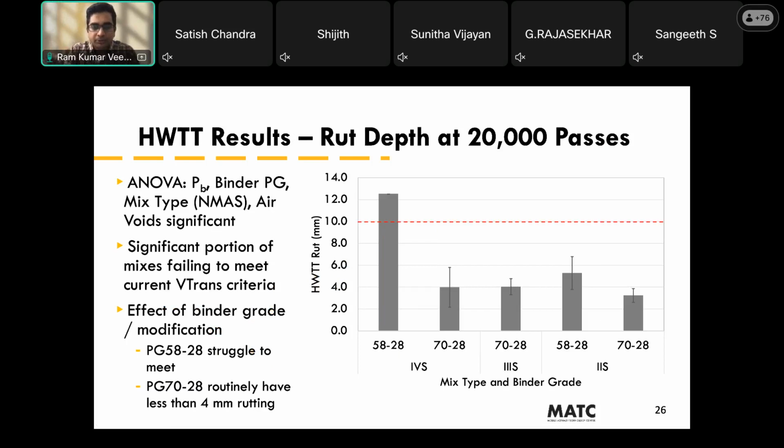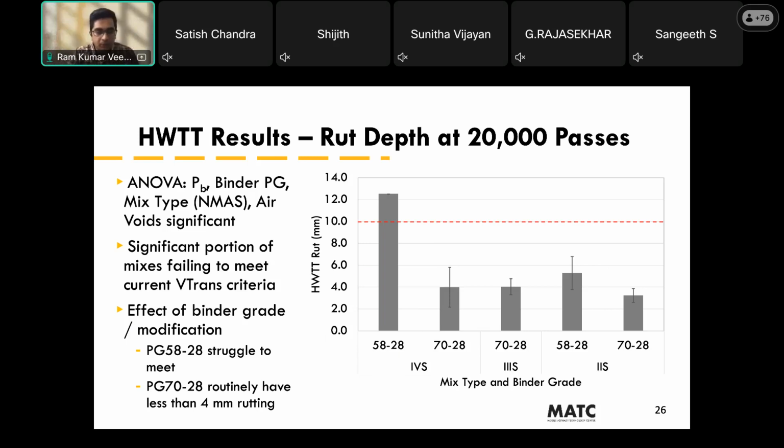What we did was, with this performance test data, we performed some statistical analysis like the ANOVA testing to see which of these volumetric properties has an impact on the Hamburg wheel tracking test. And what we found was that the PG mix type, the nominal maximum aggregate size, and air voids are significant factors contributing to the overall Hamburg wheel tracking test results.